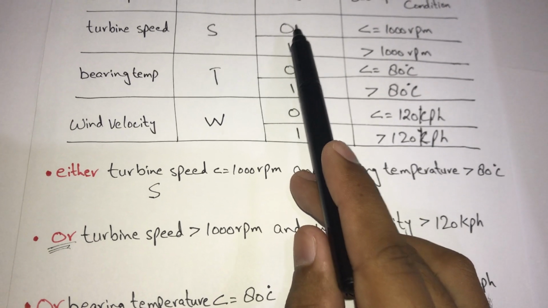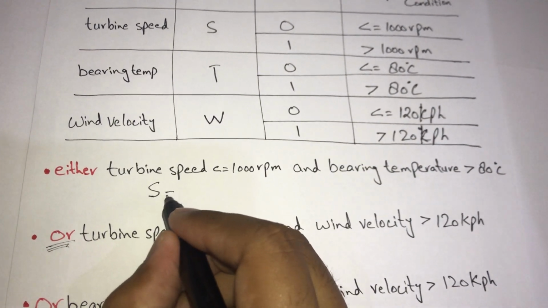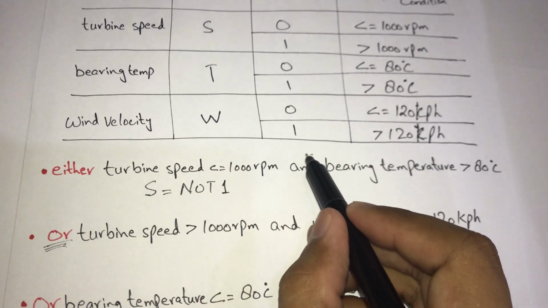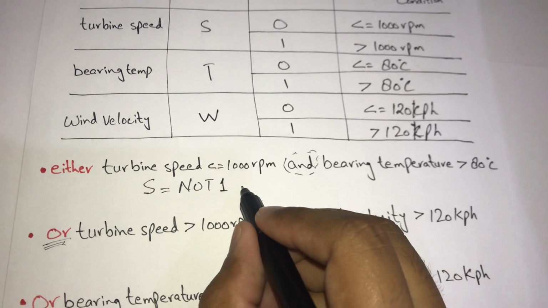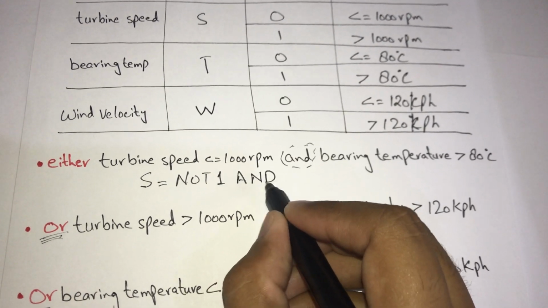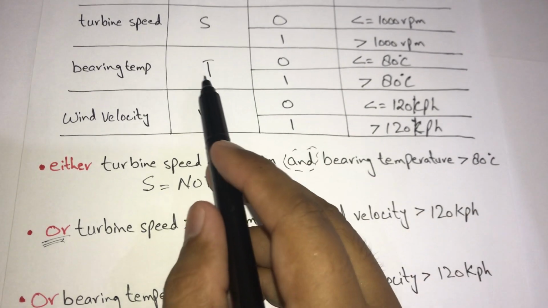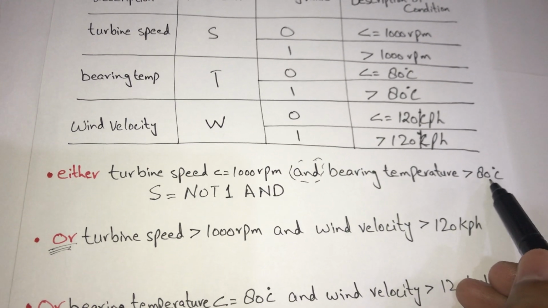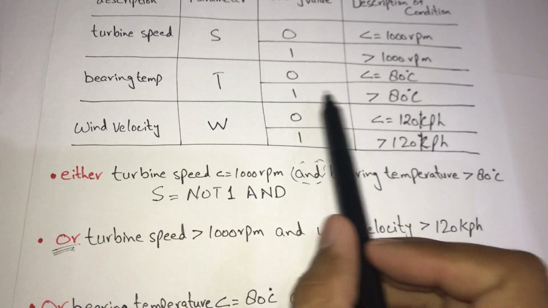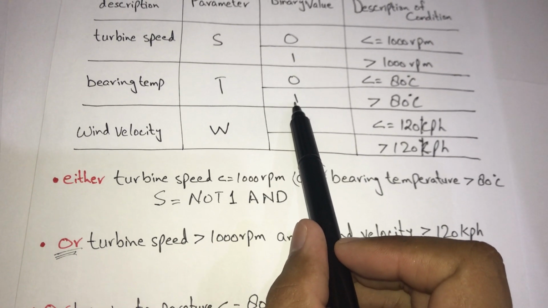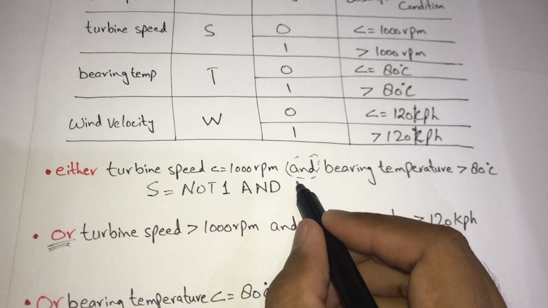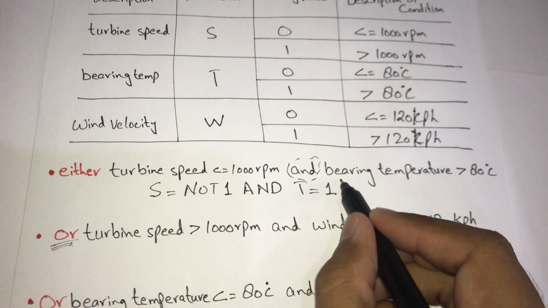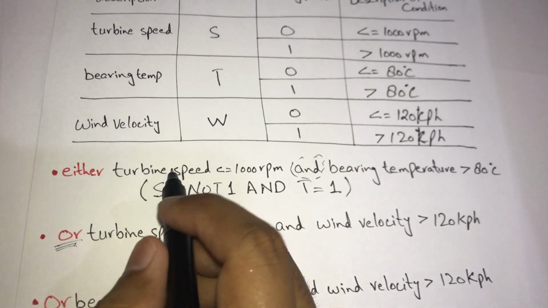So S is equal to not 1. This is the AND gate, and for bearing temperature T, the condition is greater than 80 degrees, so the binary value is 1. So T is equal to 1. So this is our logical statement.